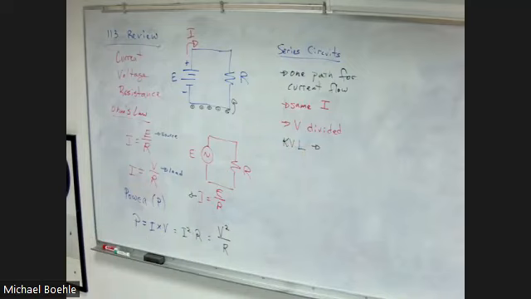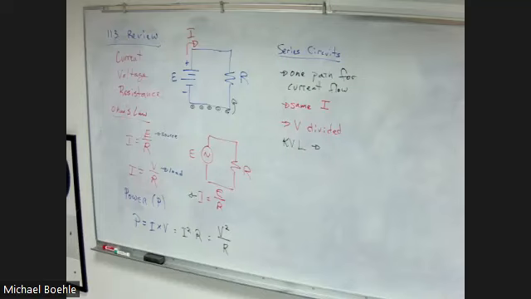Algebraic sum equals 0. We're going to reuse that today. You're going to see that again today. I'm not going to spend much time reviewing that because we're going to practice that today. It's going to be an integral part of that advanced circuit analysis.